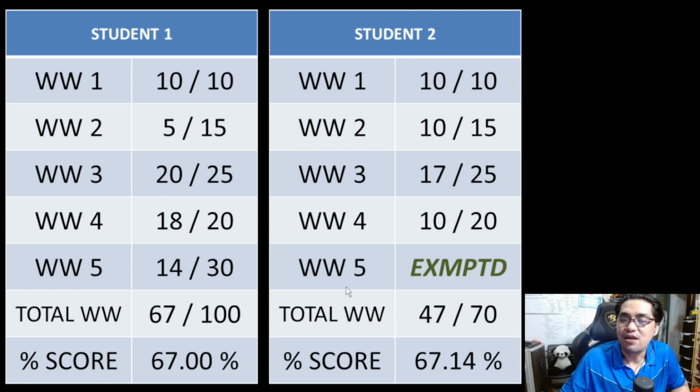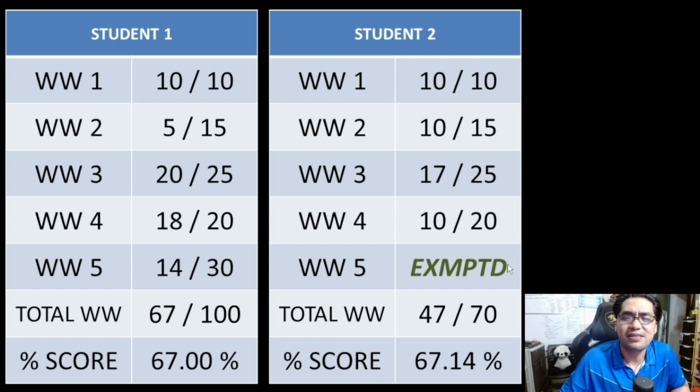So the total written work for this student is 47 over 70. Therefore, you have a different total written work for student 1 and for student 2 because student 2 was exempted from written work number 5. So you have here the percentage score of 67.14. And again, I believe that this is the most fair way of dealing with student exemptions.